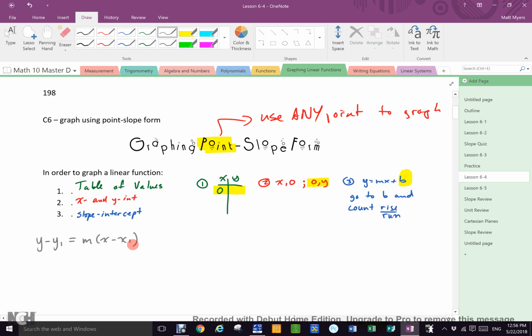All right, now, here's where you must pay close attention. The blue points are the unknown point. The green X's and Y's are the known point.